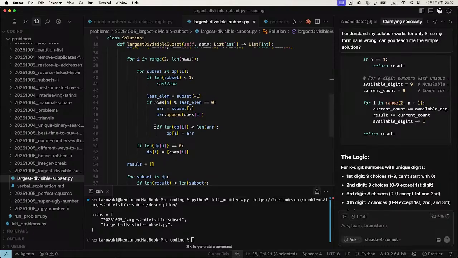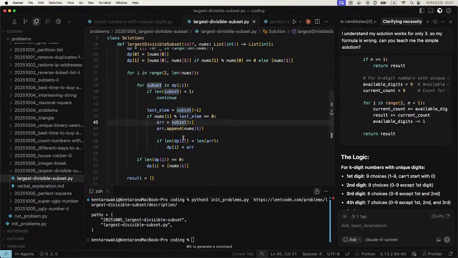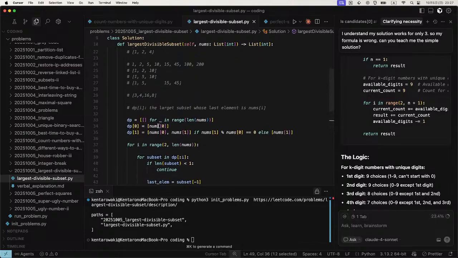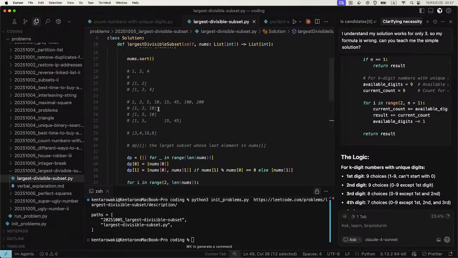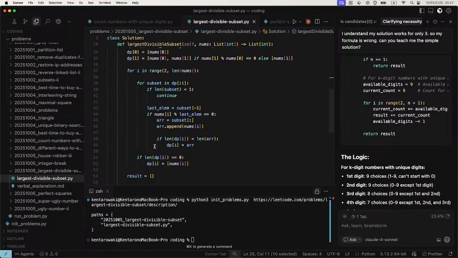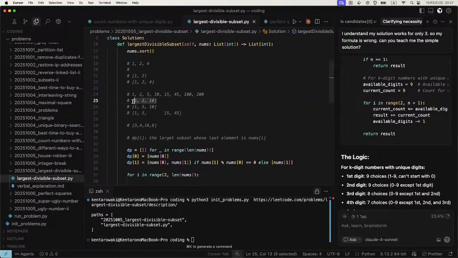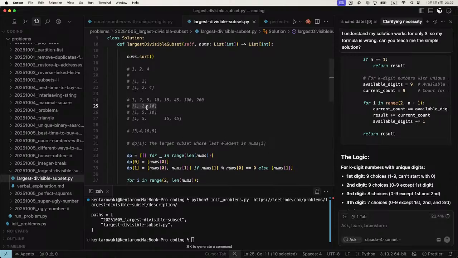Yeah. In my implementation, if the length is greater than the existing one, we can update. So the first one is used in my implementation. Okay, so dp[10] is like this, and for 15 it is like this.